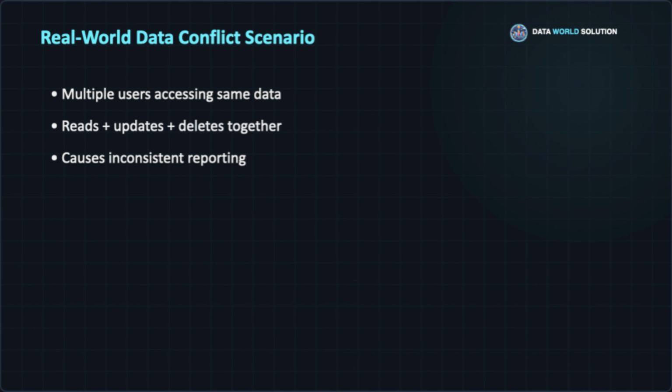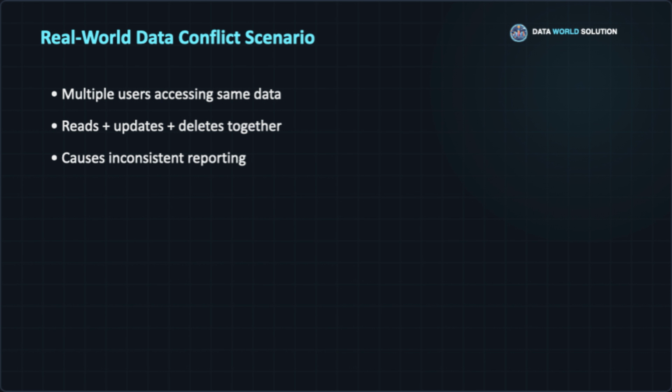Before understanding Delta Lake benefits, first let us understand the problems in traditional data lakes. Imagine you are storing sales data in Parquet files. Now suppose one user is reading the data, another user is updating the data, another process is deleting records at the same time.